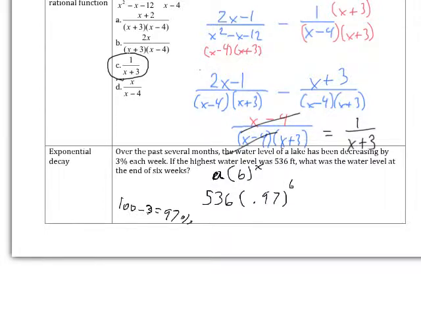So we put a 6 up there as the exponent, and we pull out a calculator and solve 536 times 0.97 to the 6th power, and I'm getting an answer of 446 and some decimals feet. So 446.5 feet or thereabouts.